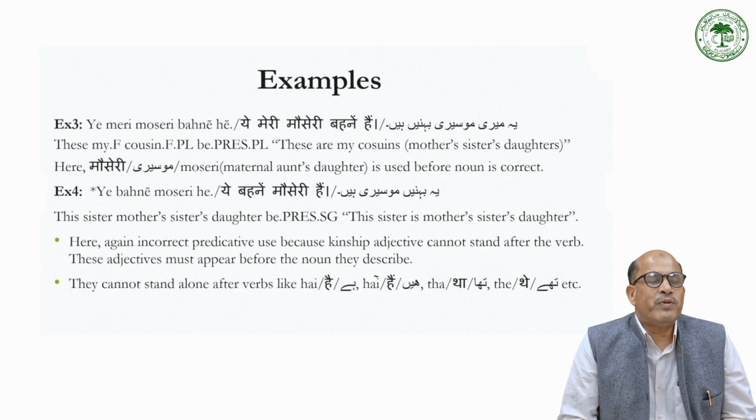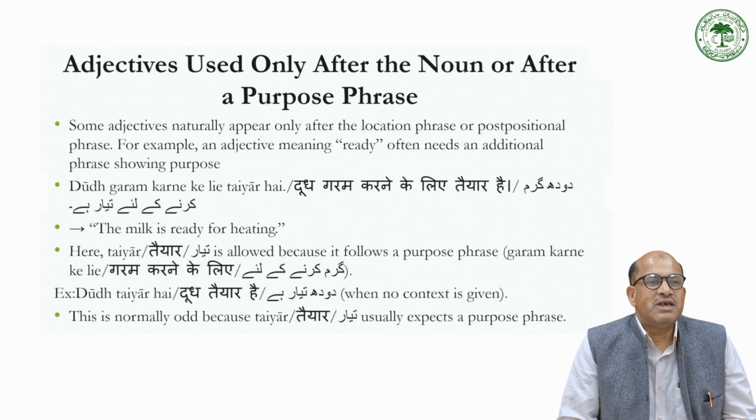Sometimes people use it, but it is not correct use. So here again, it is an incorrect predicative use, because kinship adjectives cannot stand after the verb. These adjectives must appear before the noun they describe. So mauseri can be used before bahan, but not after the verb. They cannot stand alone after the verb like hai, tha, or the. So these are the conditions for use of kinship terms.